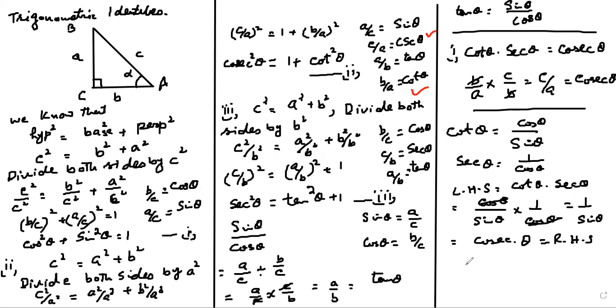So left hand side equals right hand side, which proves the identity. So results are verified. I hope you understand it well.